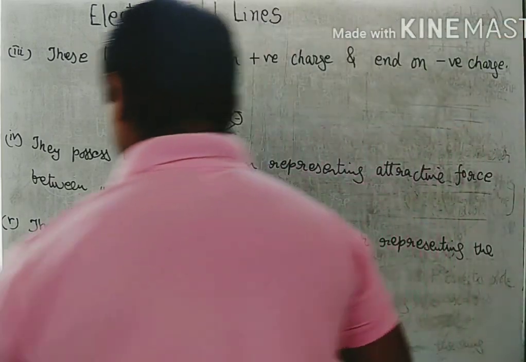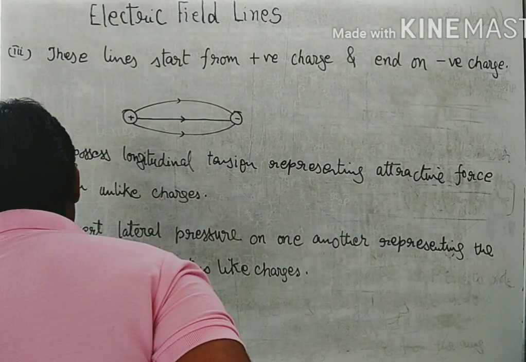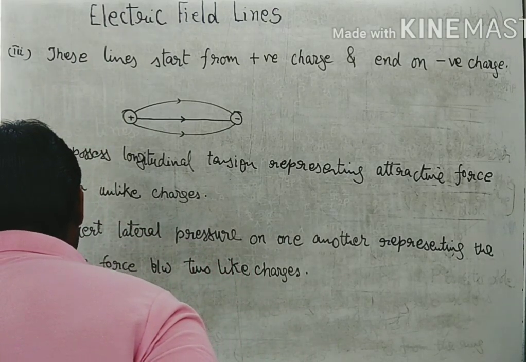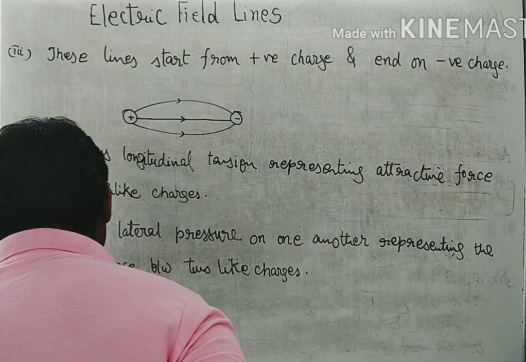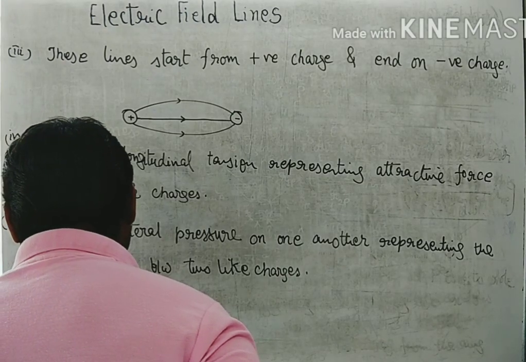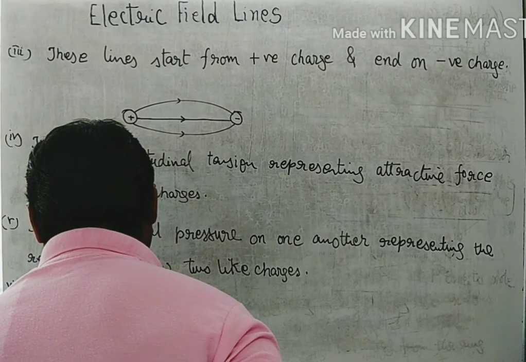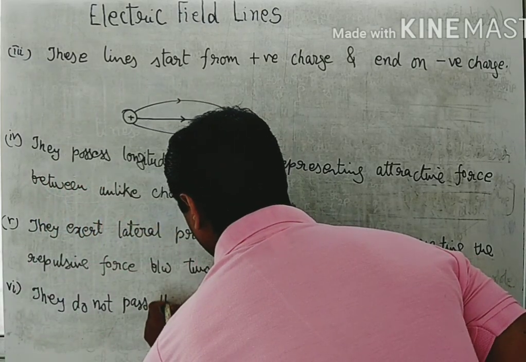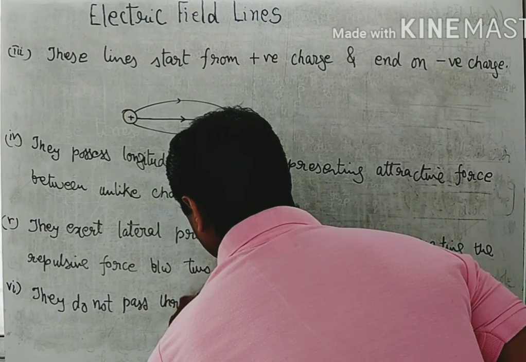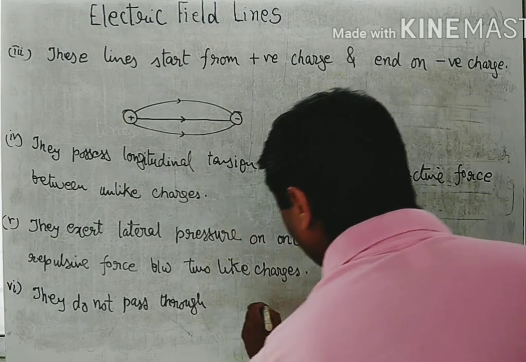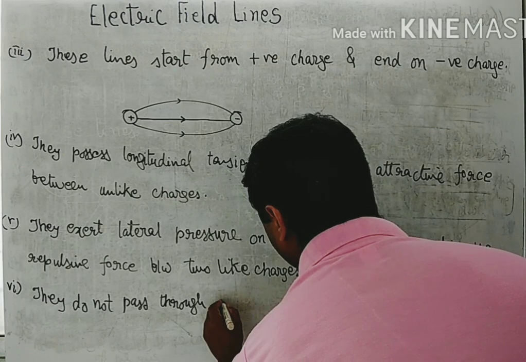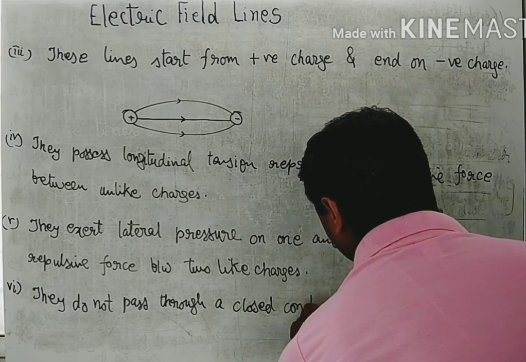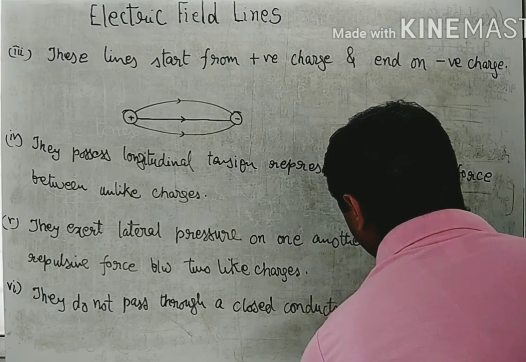Now for the next property, number 6, we can say they do not form, instead of saying form, pass through a closed conductor. What does this mean?